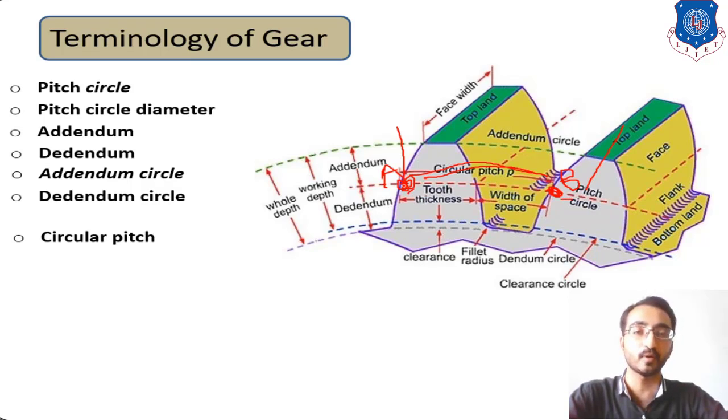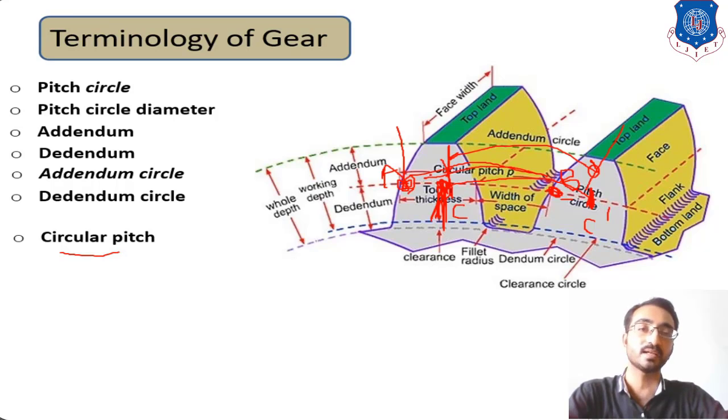Either you can take the top starting point, or you can consider the center point. If you consider point C at the center, then the similar point C dash can be obtained at this middle point. So this circumferential distance, measured from a point on one tooth to the same type of point on its adjacent tooth, is termed as circular pitch.